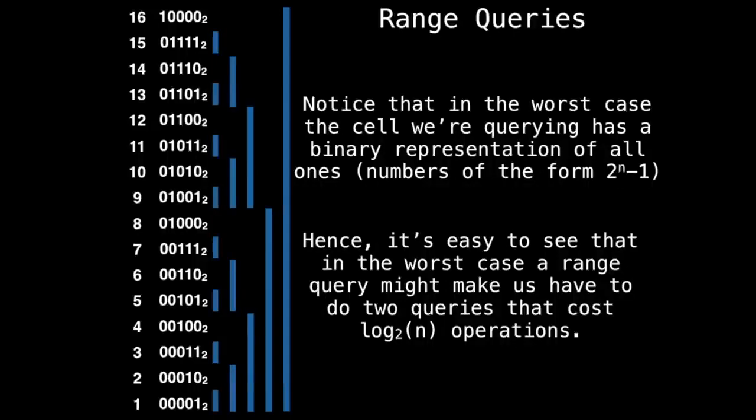So in the worst case, we might be asked to query, say, 15 and 7, both of which have a lot of ones in them. So we're doing about 2 log base 2 of n operations. But in the average case, this is actually pretty good, and we're going to implement this in such a way that it's just going to be bit manipulation. So this is super fast.